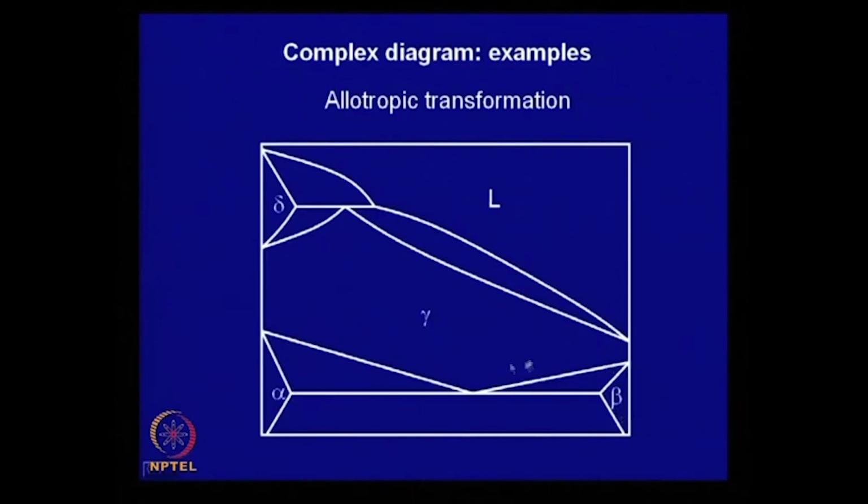So, in this particular case, if you draw the cooling curve of this pure metal, you will get one isotherm here, one step over here, second step here, third step here. Whereas, for pure B you will get one step for solidification and a second step over here.